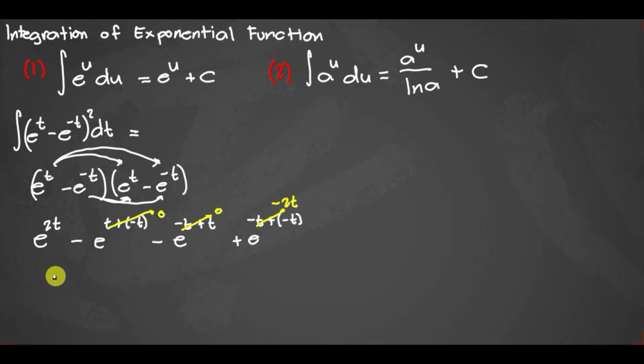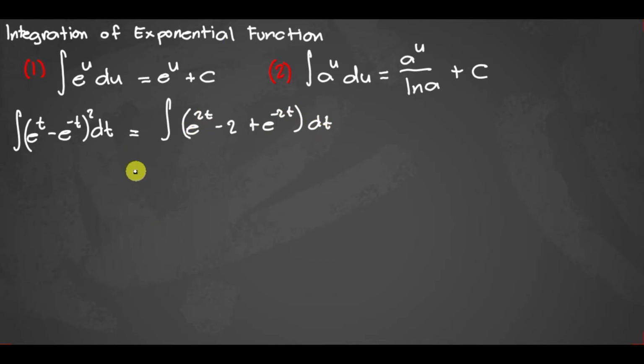Simplifying our equation, we will have e raised to 2t, and now e raised to 0 is simply equal to 1. That will be negative 1 plus negative 1. This will become negative 2 plus e raised to negative 2t. Now rewriting our given integral, this will become the integral of e raised to 2t minus 2 plus e raised to negative 2t dt.